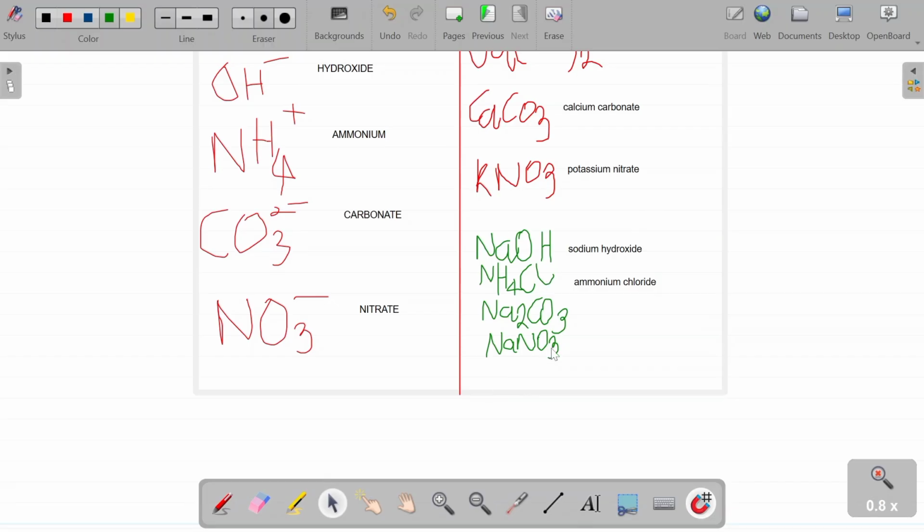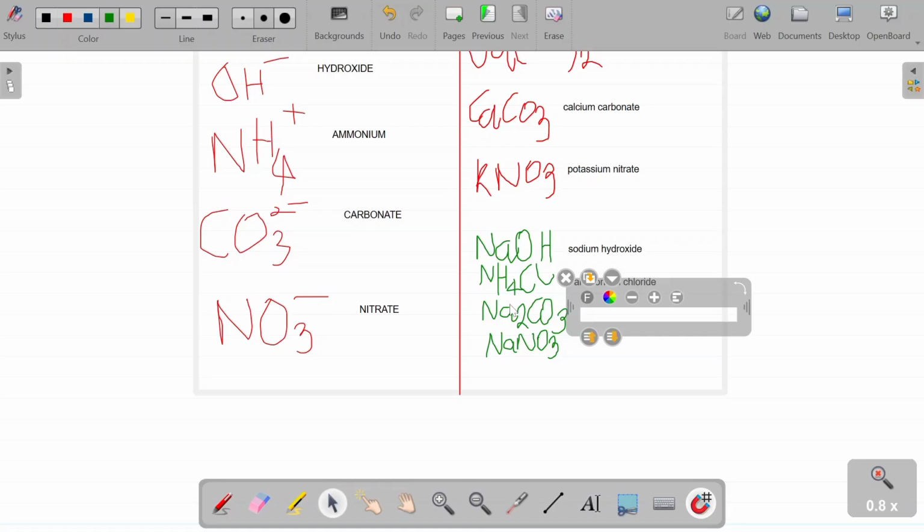Next one is Na2CO3. Na2 is sodium. Remember, this is an ionic compound, so we don't actually consider the number of atoms it has.